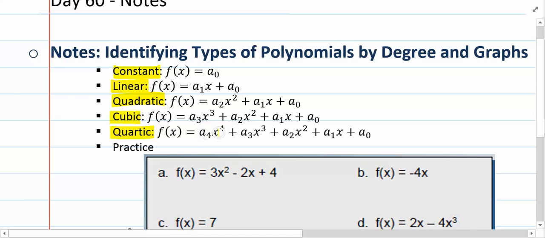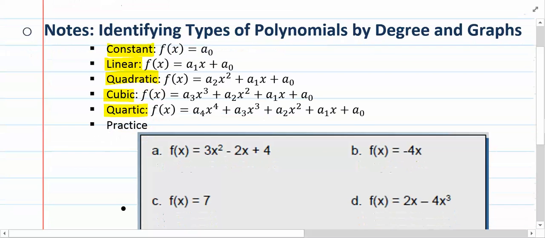And lastly, we add to it a final term. This time, the power is raised to the 4th. Again, we're going to get used to using these 5 vocabulary words to describe the types of polynomials that we see. This would be describing the types of polynomial by degree.